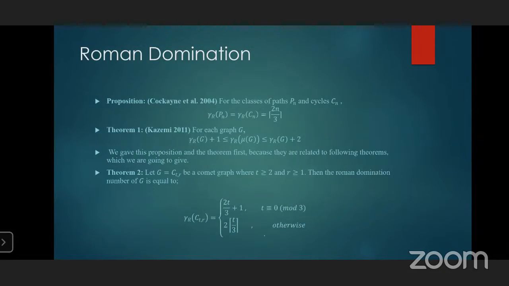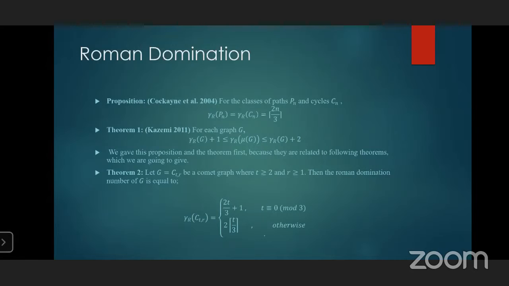And Ezmi found that for each graph G, γR(G) plus 1 is less than or equal to γR(μ(G)), and it is less than or equal to γR(G) plus 2. We gave this proposition and the theorem first because they are related to the following theorems which we are going to give.